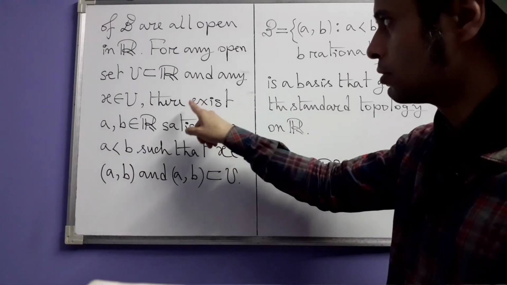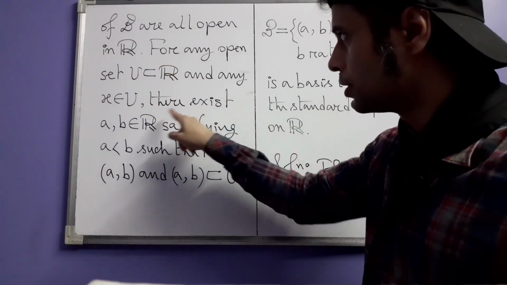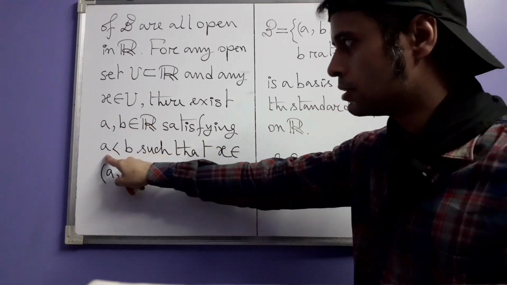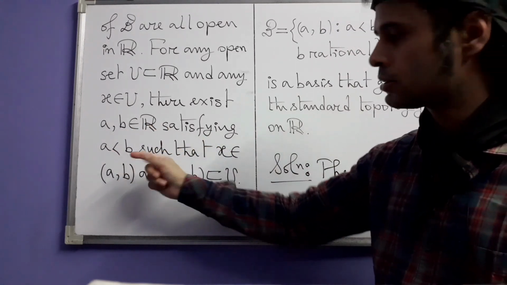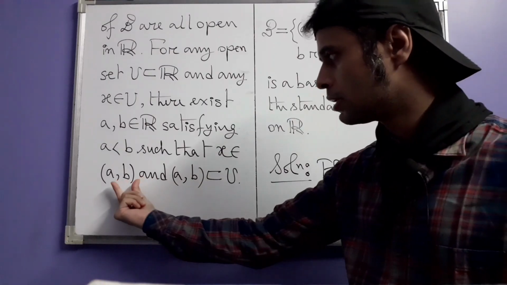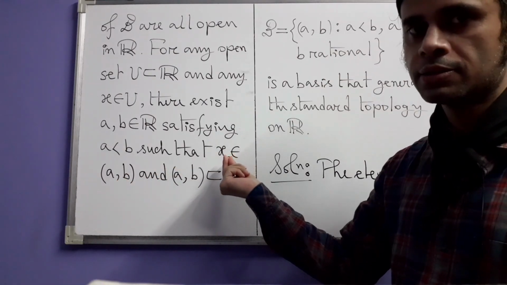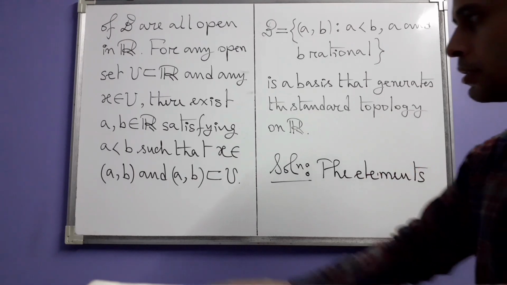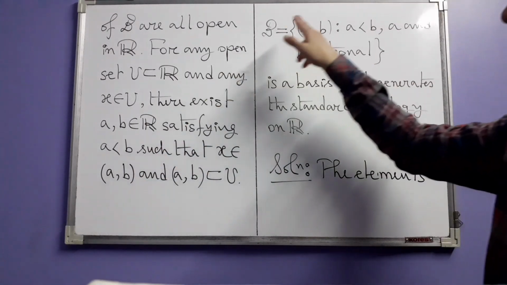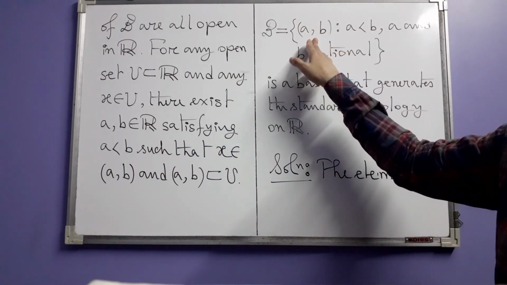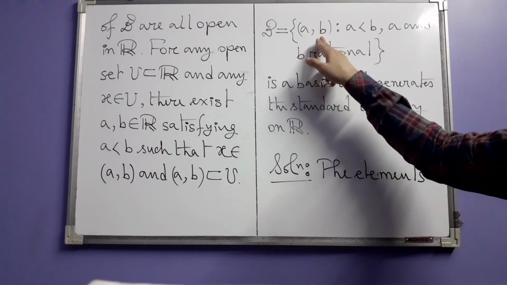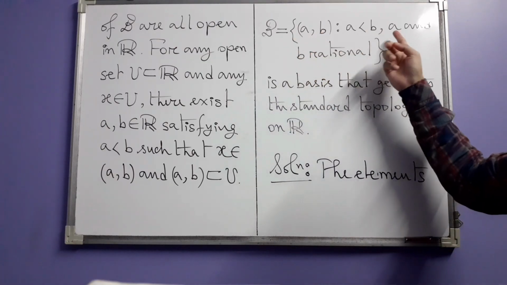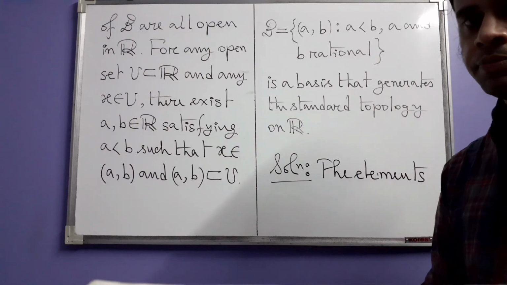So that is why I wrote, there exist two real numbers a and b satisfying a less than b, such that the basis element a, b contains the point x and is itself contained in U. Note that this may not belong to this collection, because here a and b are not just two real numbers where a is less than b, but they are rational as well.